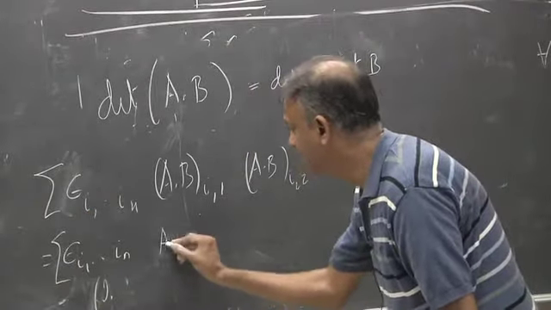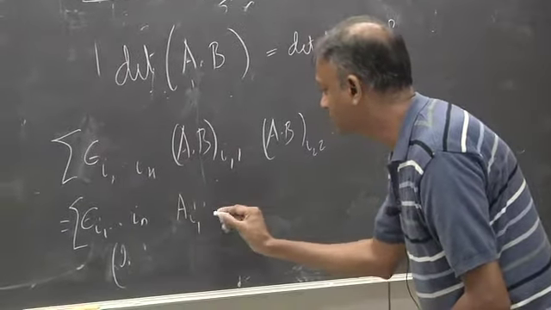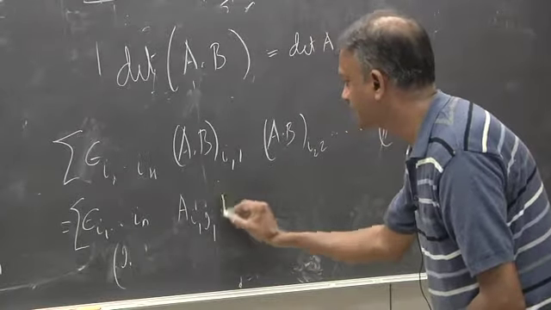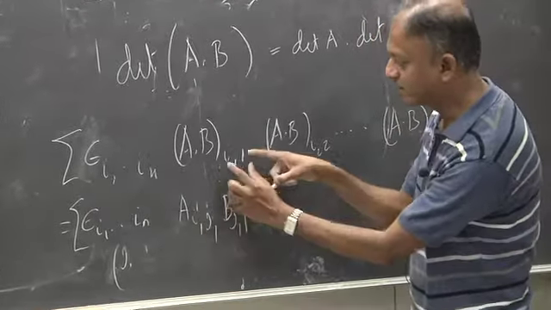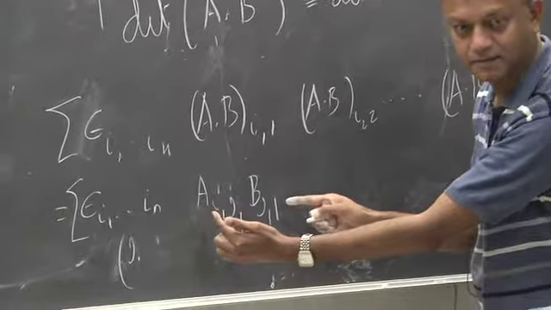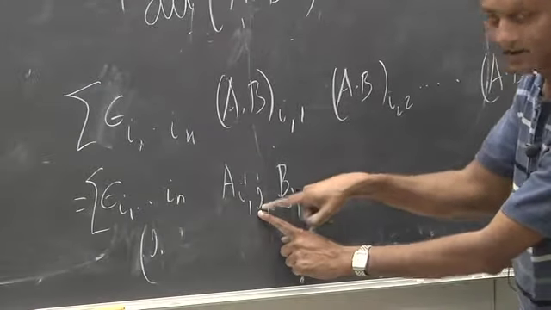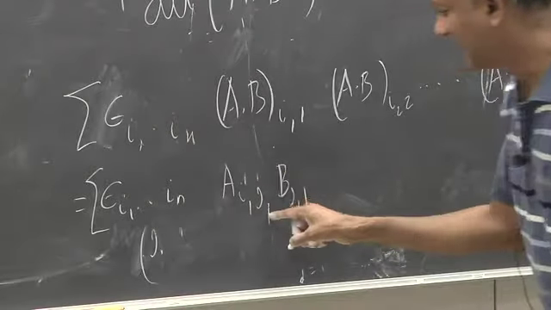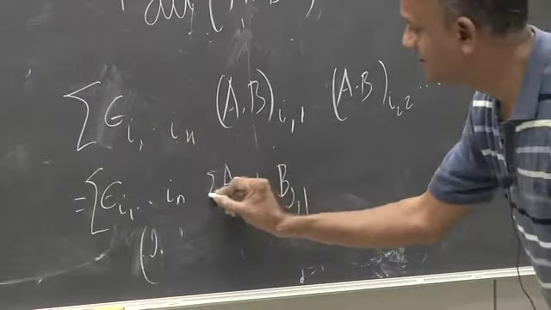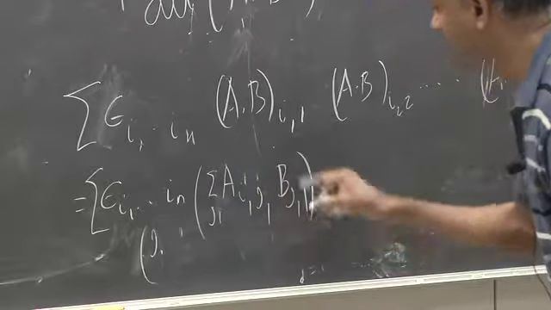And then here you have A I1 J1, B J1 1. This is the I1 1 component of this matrix multiplication. I have to sum over J1. This is the column, that's a row. That's the first term.